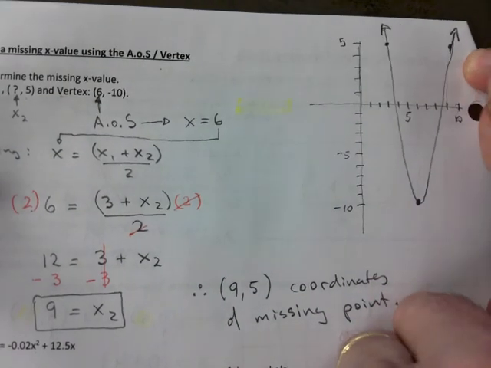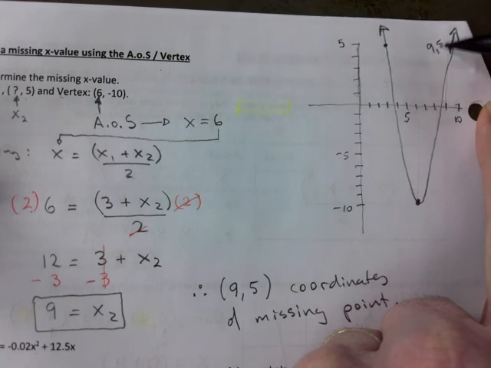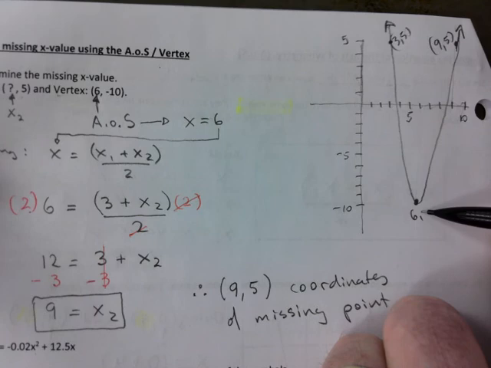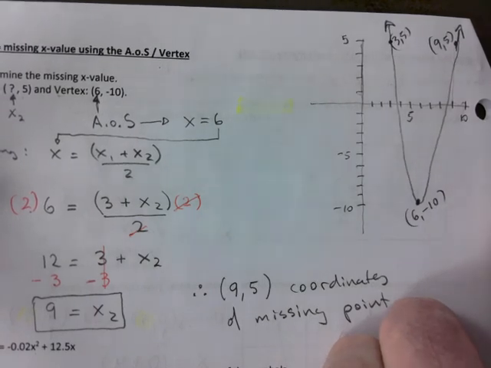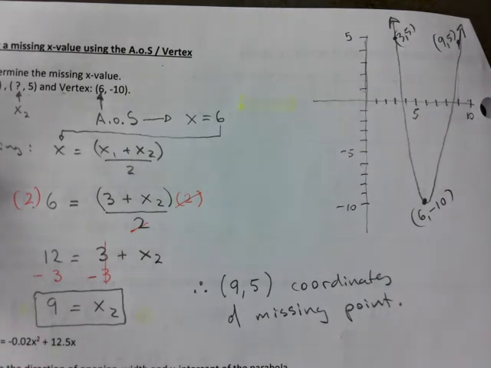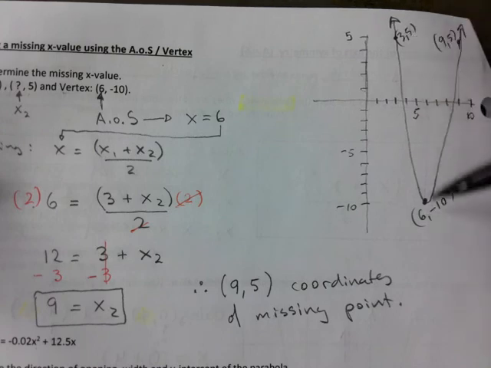How about we do this? 9, 5, 3, 5, and 6, -10. Question. From 3 to 6, right? If you just look at the x values, how many units would you have to travel to get to 6? 3 units, right?